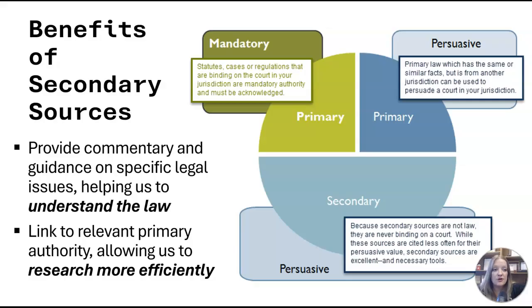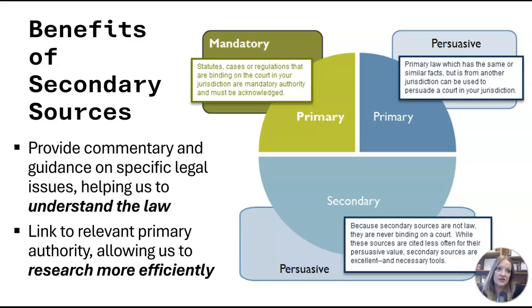And this is much more efficient than jumping into a database and searching for cases, right? Save yourself the time and energy by starting with a secondary source to then get to the relevant pieces of law more effectively and quickly, right? More efficiently as well.